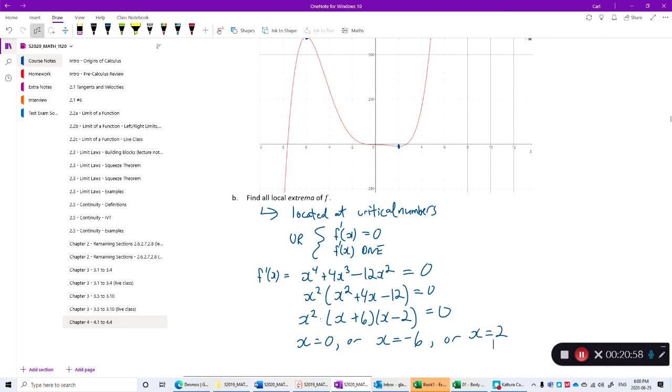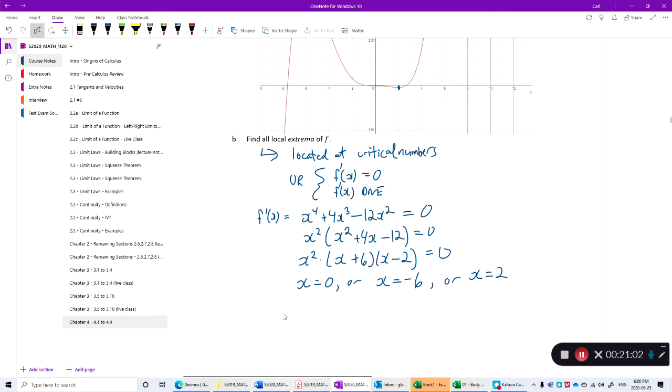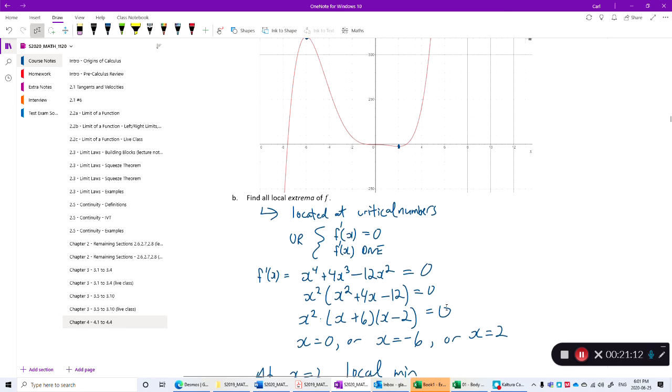So I can see now that at x equals 2, it looks like it's a local min, right? You can see that f of 2 is less than f of x for nearby x values. And so that's a local min.